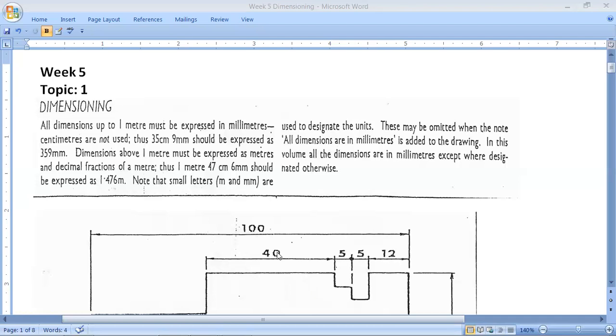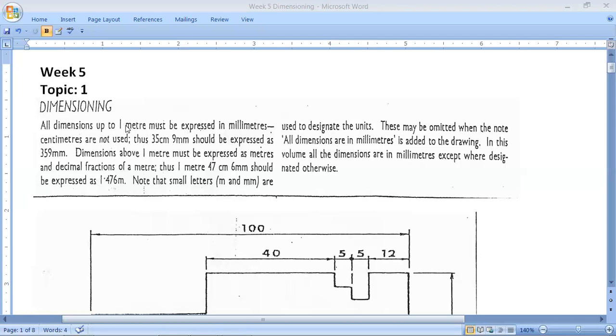The only case where you're going to place a letter beside the number is when the measurement is greater than 1 meter, or greater than 2 meters, greater than 3 meters. For example, if you have to express 1 meter, because it's up to 1 meter, you multiply by 10, and you write the measure on the drawing as 1000.